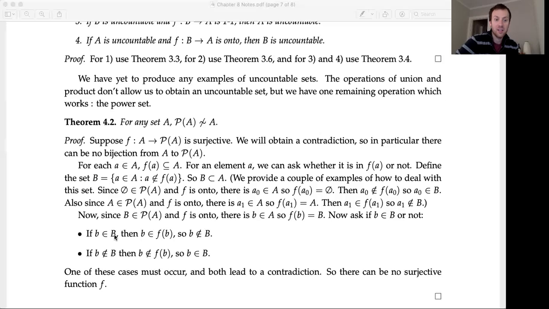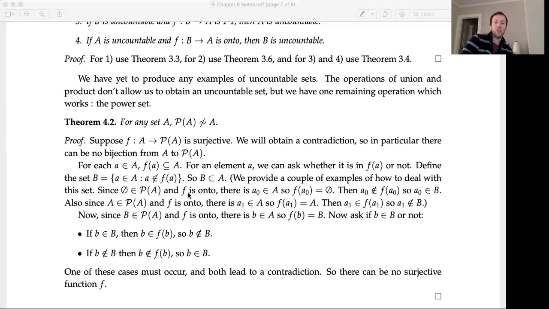Well, if it is there, then little b is in the subset assigned to it by F, which is exactly what can't be happening in B. On the other hand, if this little b we picked isn't in capital B, then that means b isn't in the set assigned to it by F. But that's exactly what has to happen for you to be in this set B. So the problem is that we can define this set B always.